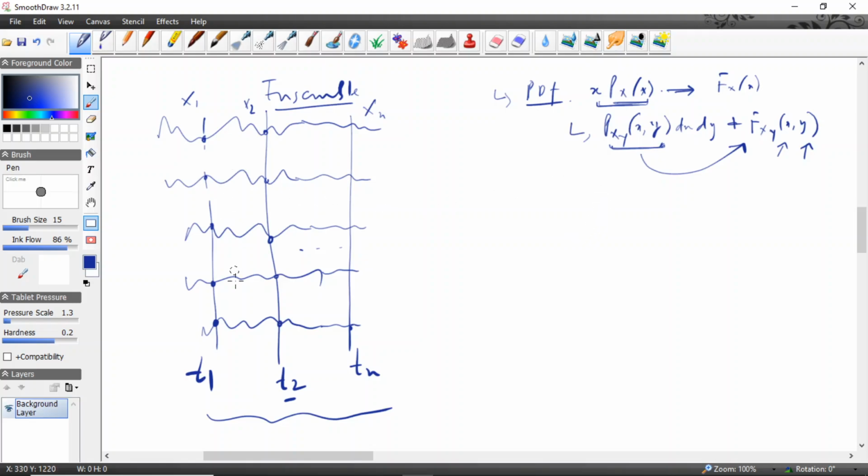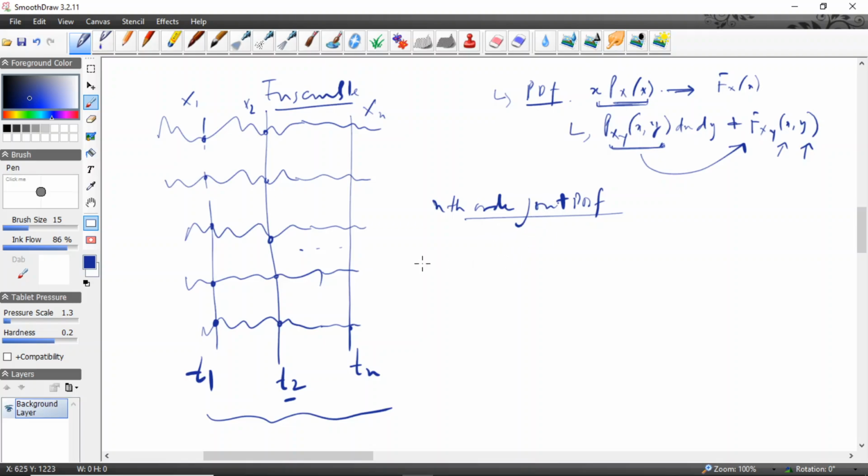So if you have an ensemble, and from this ensemble you generate n different random variables, which are nothing but the amplitudes of the sample function at different time intervals, then these n different random variables can be fully characterized by an nth order joint PDF or CDF.